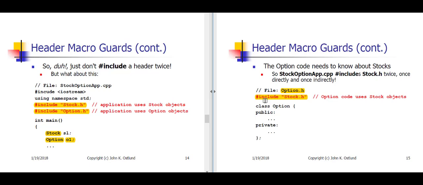Now, as the option class developer, we cannot realistically say to the application programmer, oh gee, when you include option.h, that means that you can't include stock.h. If we develop some facility that we expect other programmers to be able to use, such as a class or a collection of functions or whatever, it's completely reasonable for us to tell the application programmer, if you want to use such and such facility, you have to include such and such header.